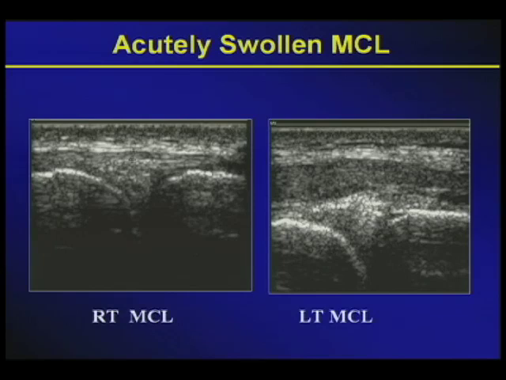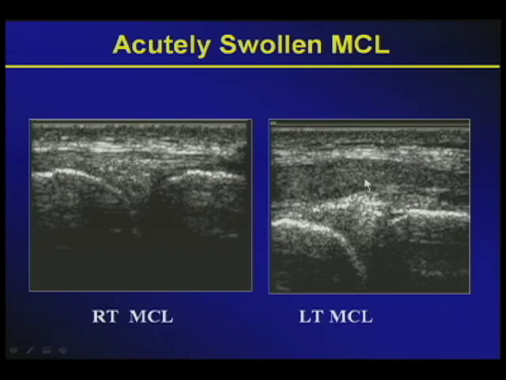Medial collateral ligaments are readily torn when there's especially some valgus stress on the knee. First, let's look at the unaffected side, where you see the intact superficial layer, the deep layer, and the relatively hypoechoic fibroareolar layer.